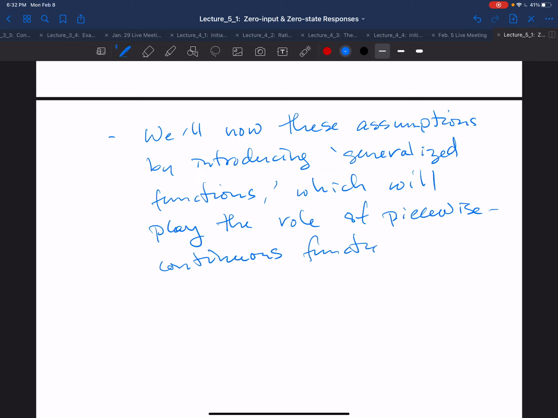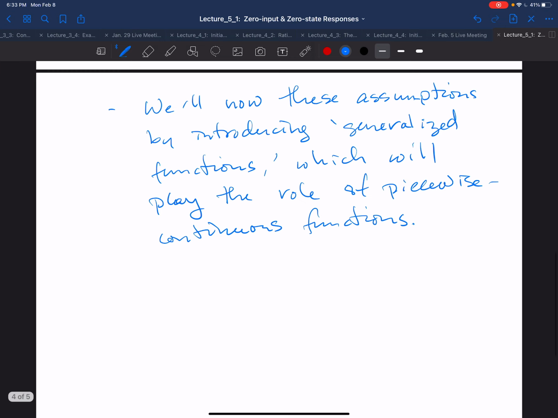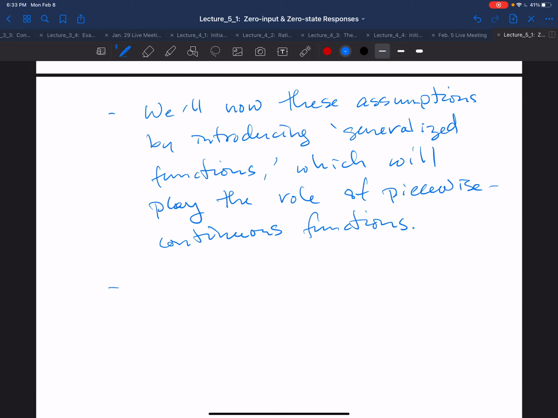Now, a piecewise continuous function, like say a unit step, again, because it's not continuous, doesn't have a derivative in the normal sense of the term. It has that jump at t equals 0, so it doesn't have an ordinary derivative. But these generalized functions will serve as a kind of derivative.